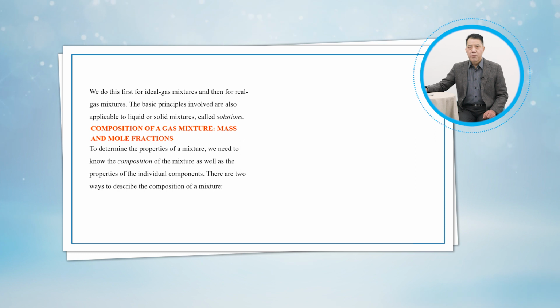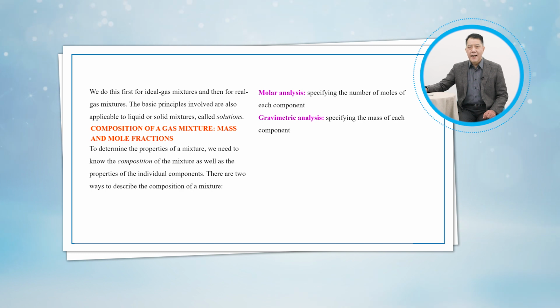To determine the properties of a mixture, we need to know the composition of the mixture as well as the properties of the individual components. There are two ways to describe the composition of a mixture: either by specifying the number of moles of each component, called molar analysis, or by specifying the mass of each component, called gravimetric analysis.